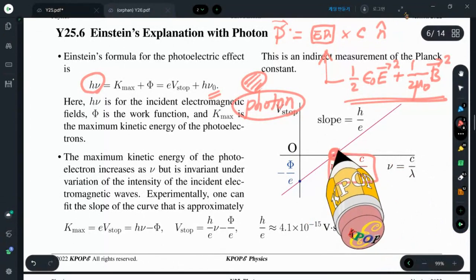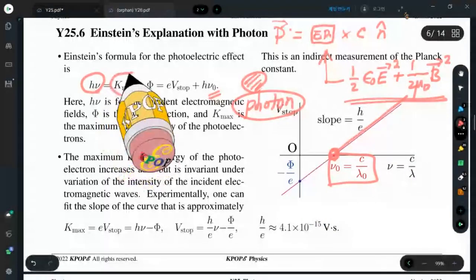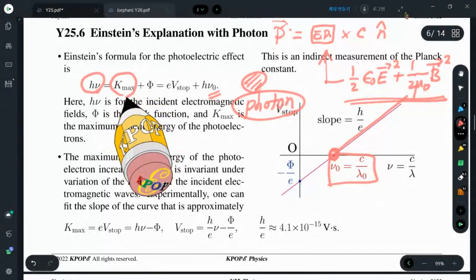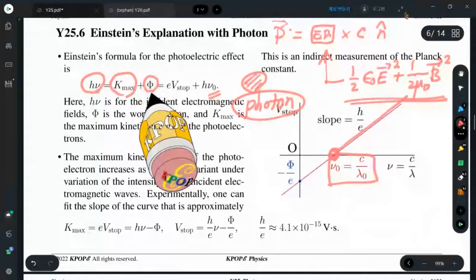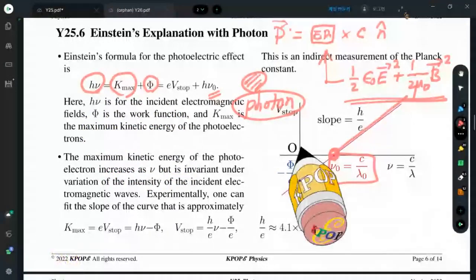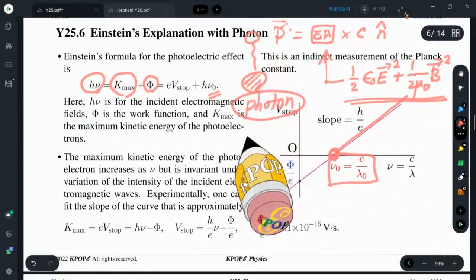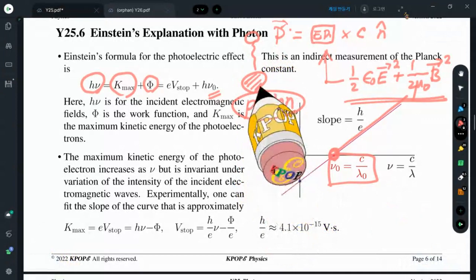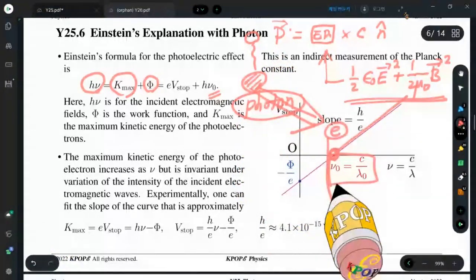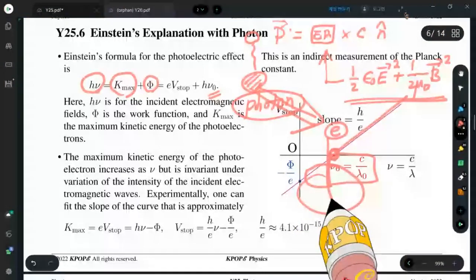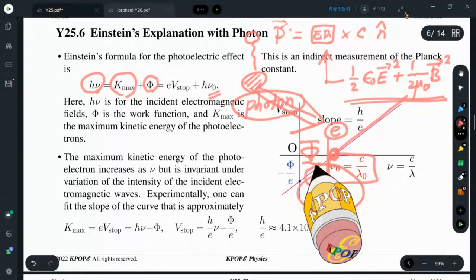And from then on, the maximum kinetic energy of the electron is obtained by subtracting the amount of energy that is transferred to the electron to break the bondage with the atom, that is called work function.